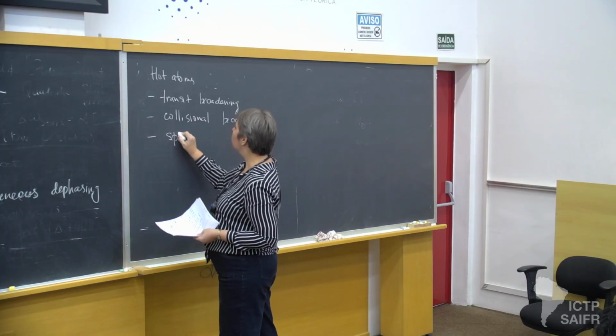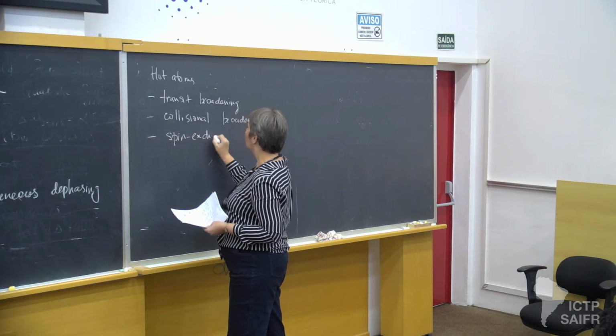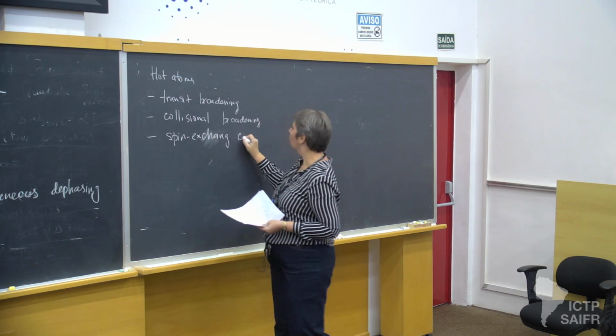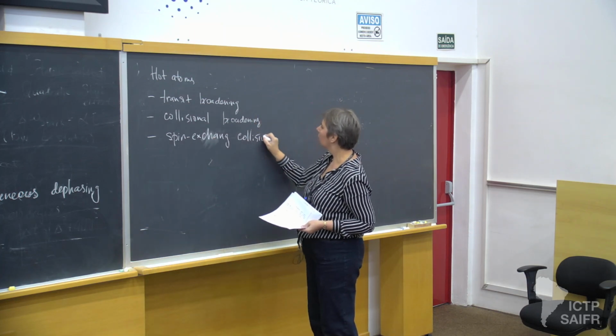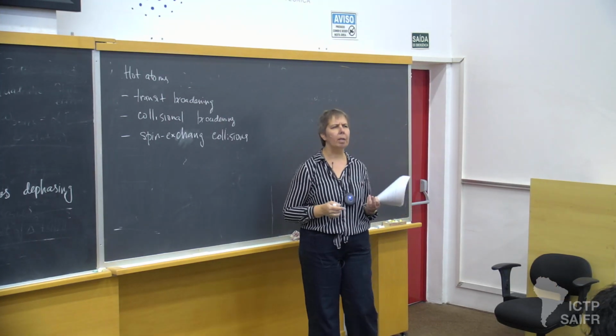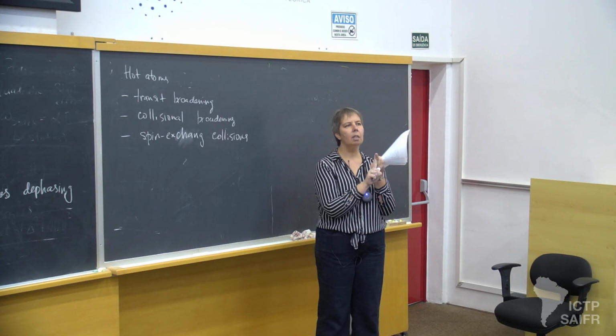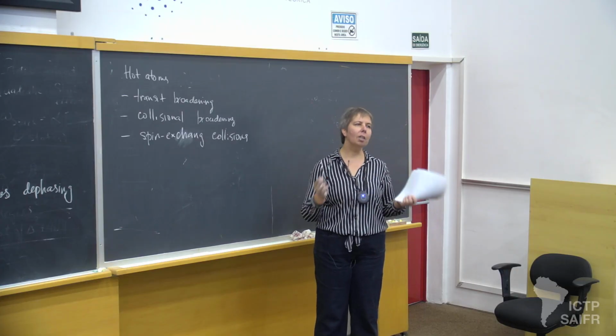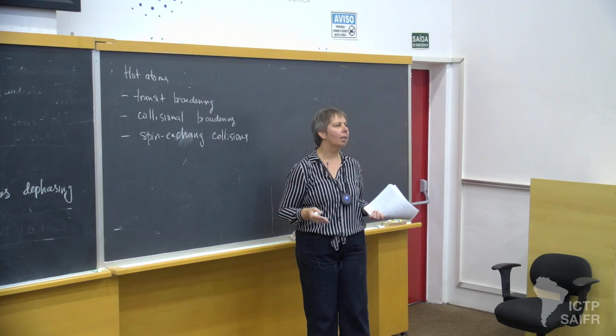Spin exchange collisions are actually probably an issue in many cases. It's when rubidium atoms collide, they're going to exchange their spins, which is not a complete decoherence, but usually not good.